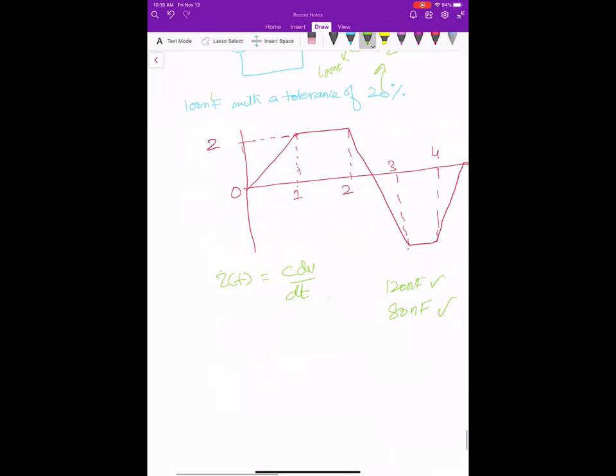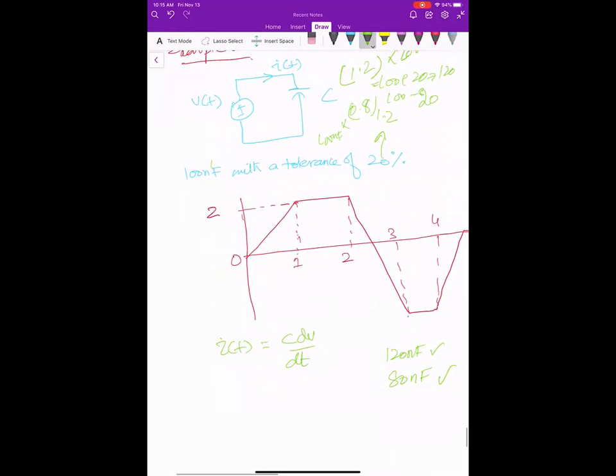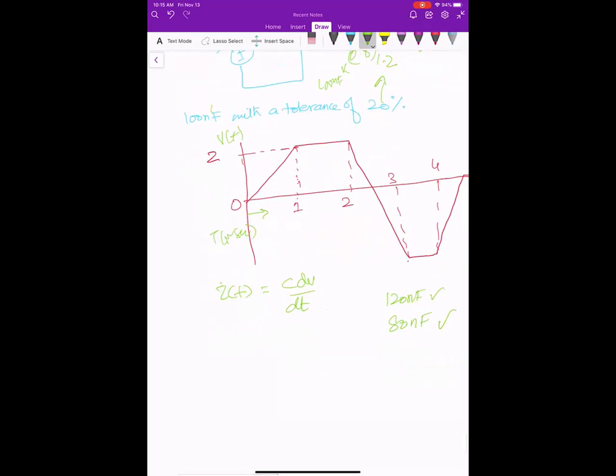Now they have not given us the equation of the voltage. We have to find it by ourselves. So this is v of t, and this is time in microseconds. So what I will do is find it in chunks. Let's say first find this waveform.